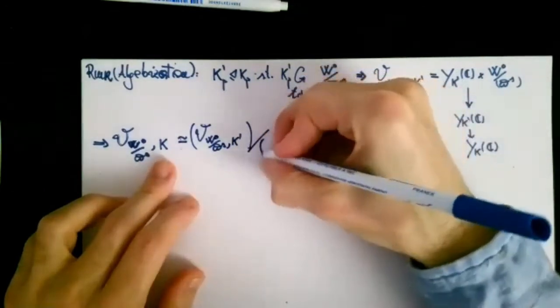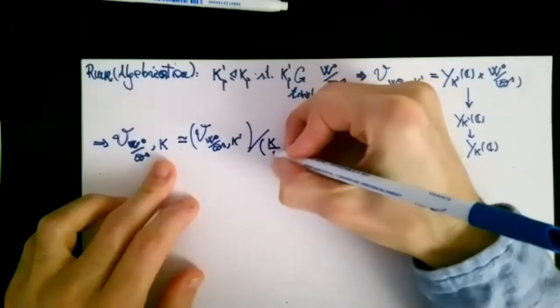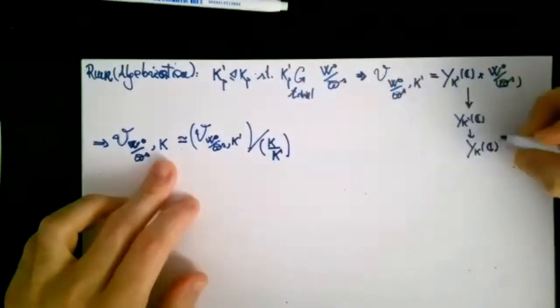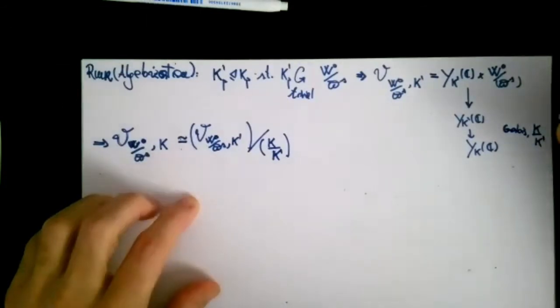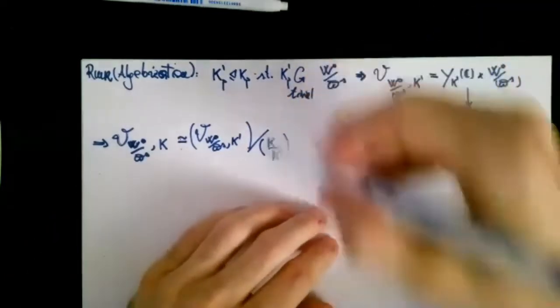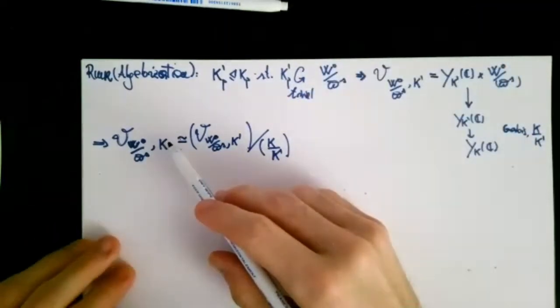And then I consider the invariants under K over K prime. Recall this is Galois with Galois group K over K prime. And so, once again, this is useful to define algebraically the sheaves.